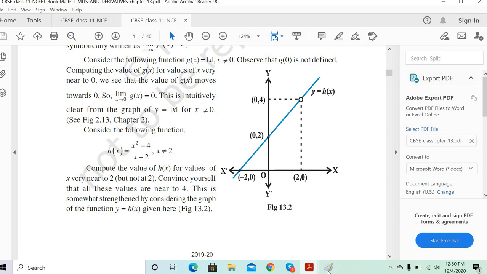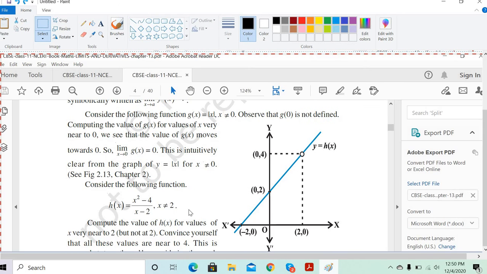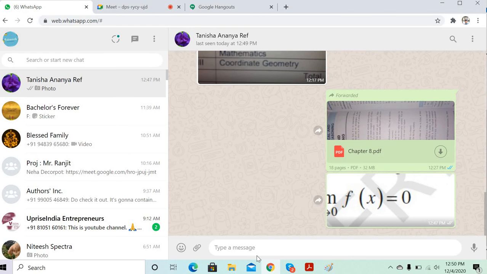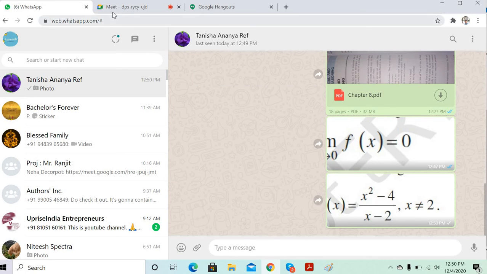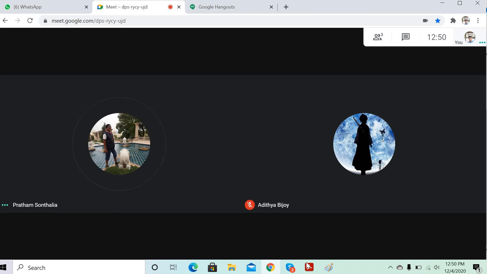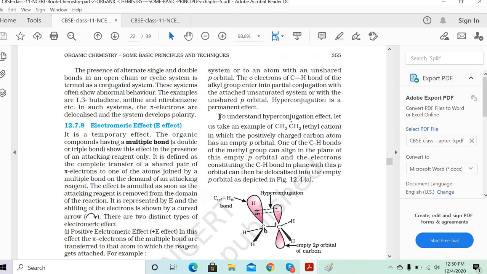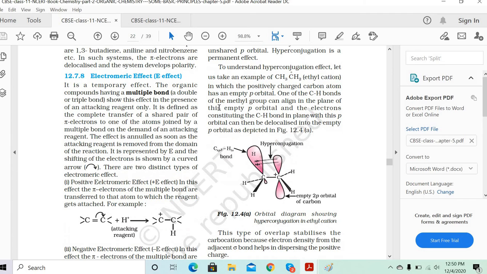From here we'll try to understand now. You got it now? The function is h of x is equal to x square minus 4 by x minus 2, and you draw the figure 13.2. So we'll try to understand through this. Yes, done this part. Okay, you draw the figure.